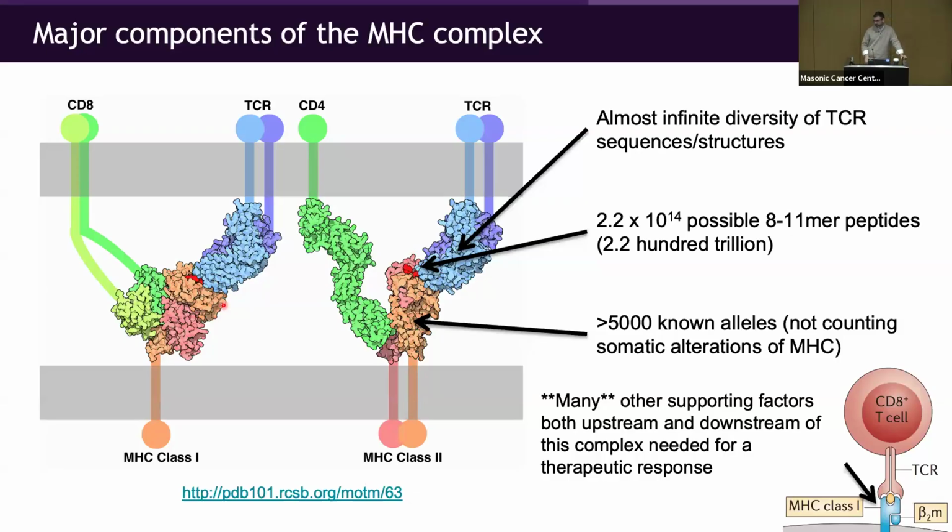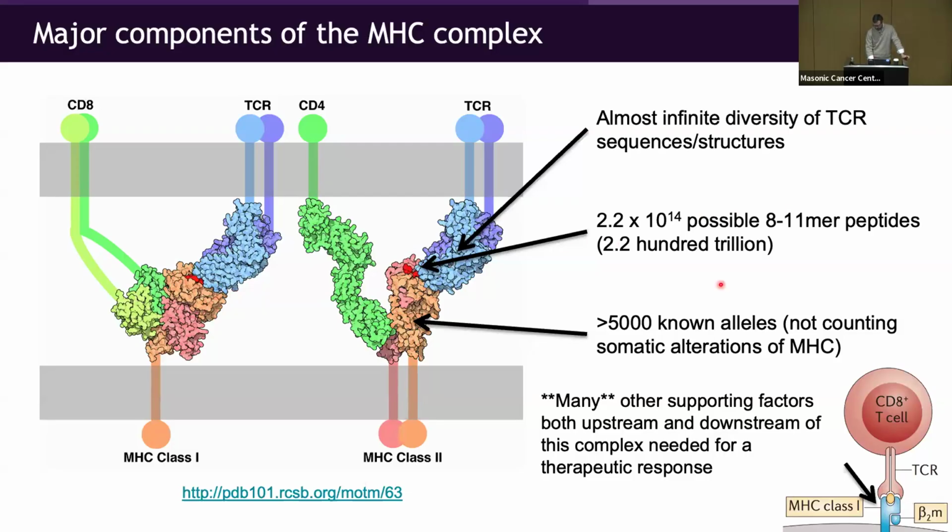And it's generally thought as a rule of thumb that each MHC molecule will fit about 1% of the peptides of that length that it's exposed to. So there's a real lock and key mechanism happening here, where this peptide really has to fit 3-dimensionally into the groove of the MHC molecule.